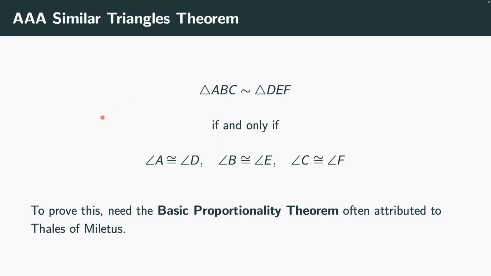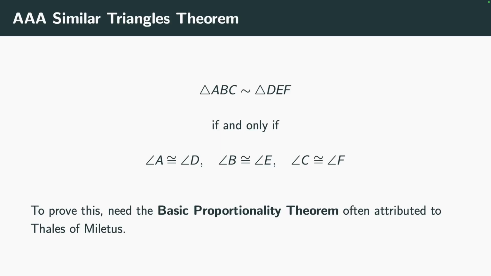Now, to prove this, we're going to need a very important and slightly technical theorem called all sorts of different names. We're going to call it the Basic Proportionality Theorem. I'm using language from Wikipedia in doing that.